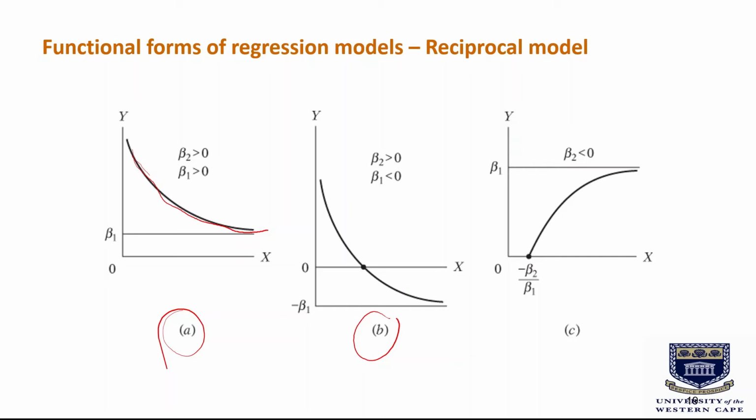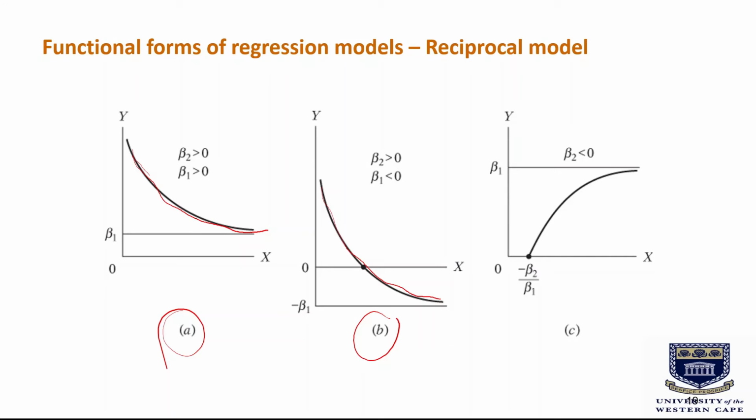And in fact, you can have that in the Phillips curve, for example. And again, here the estimated equation is such that it never goes below the value of beta 1. Now, of course, you can also have the asymptote above the series.